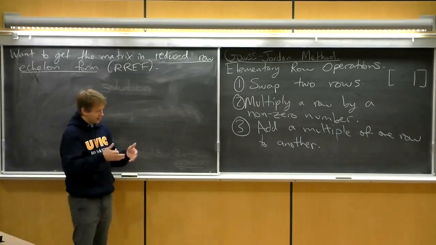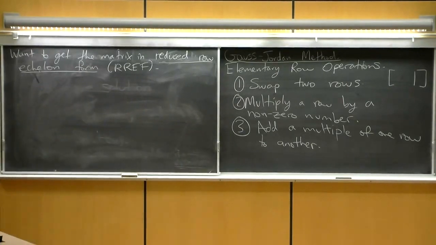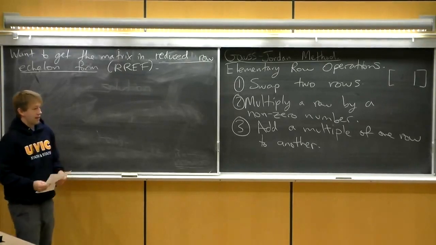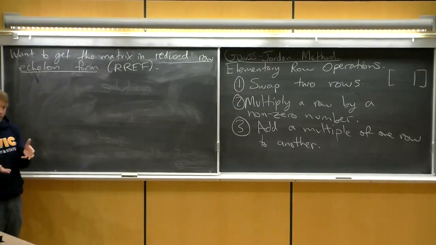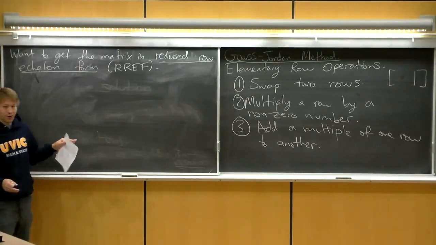You're going to start with some kind of ugly matrix that's got various numbers in it, and you want to get it to the simplest possible form so that you can just read off the solution really, really easily. Let me explain the properties of reduced row echelon form.